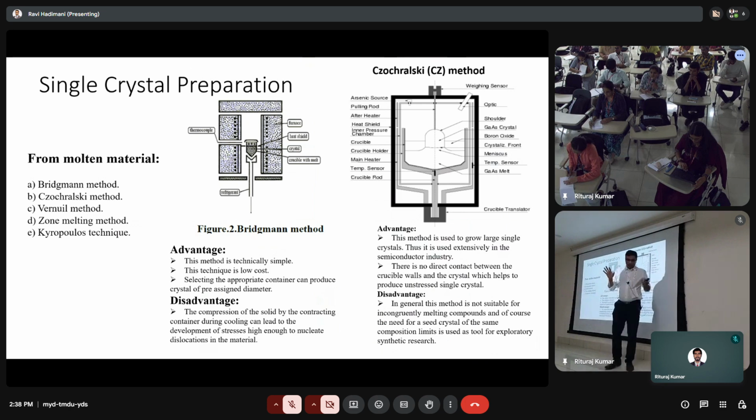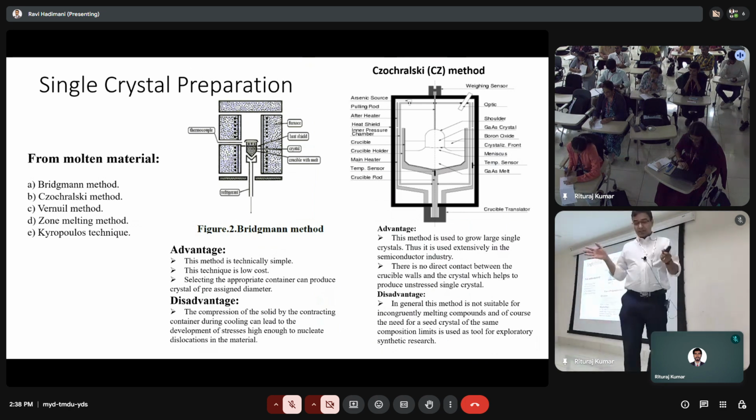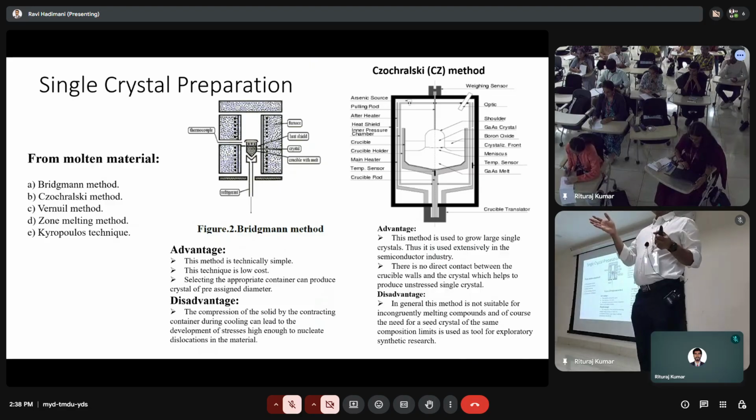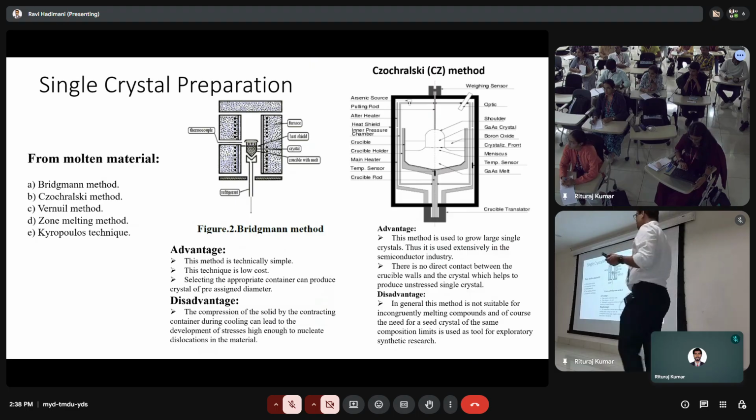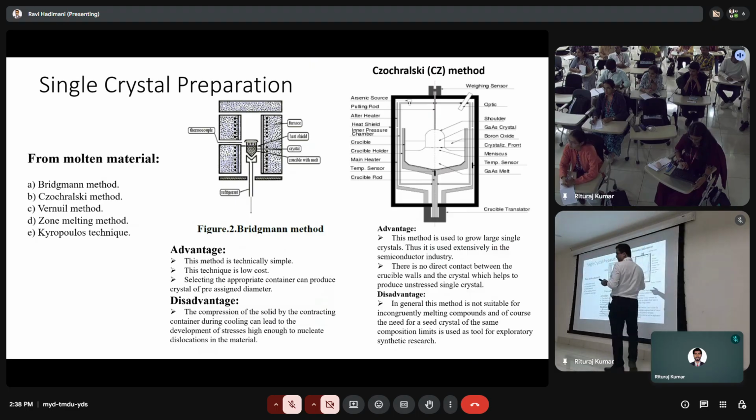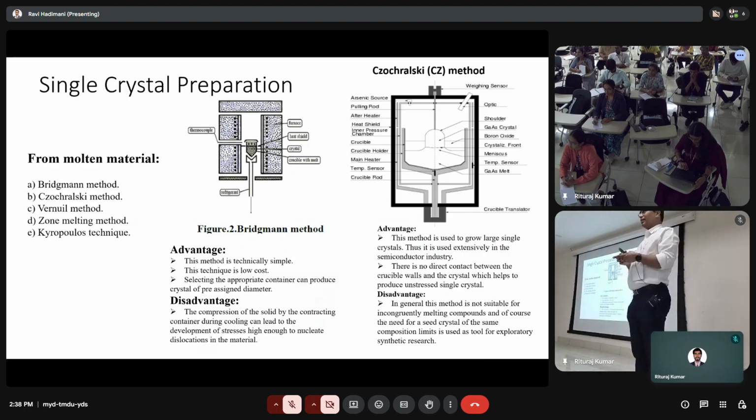Okay, so single crystal materials are anisotropic, but what about the properties? Where do you find the properties better, polycrystalline or single crystal? For example, if I take electrical conductivity, is electrical conductivity better in single crystal or polycrystalline?